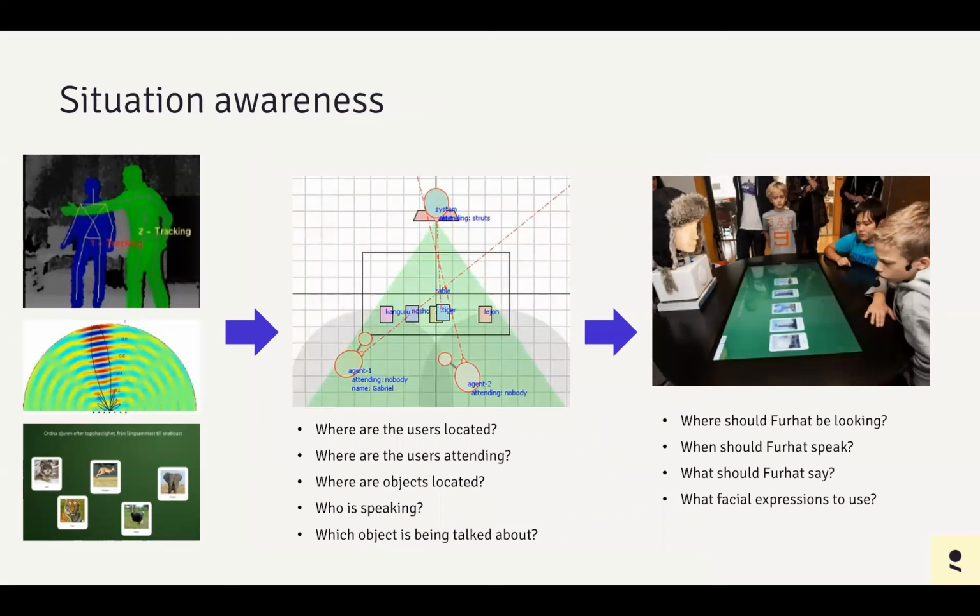So compared to a normal conversational system, or a system that is speech only, having a social robot with a face also adds things that the system needs to be able to do. What we call this is situation awareness.